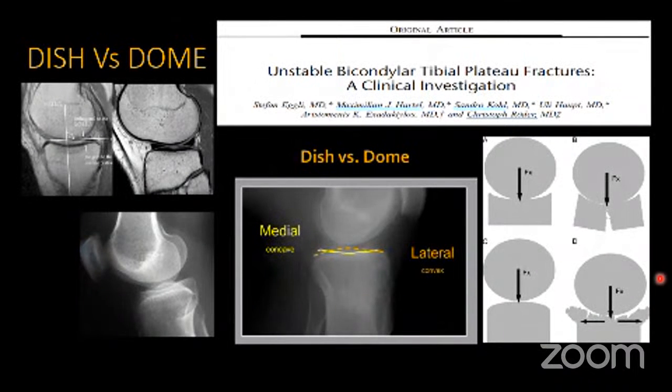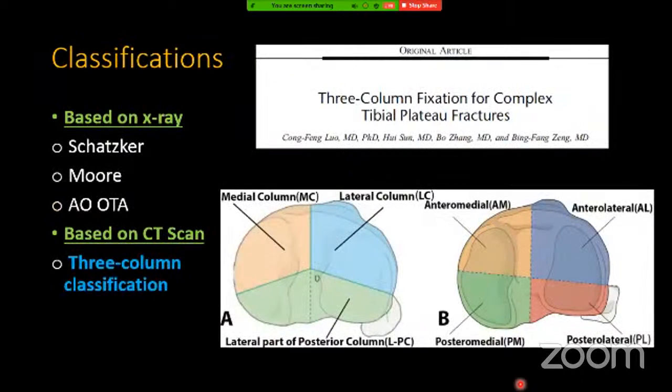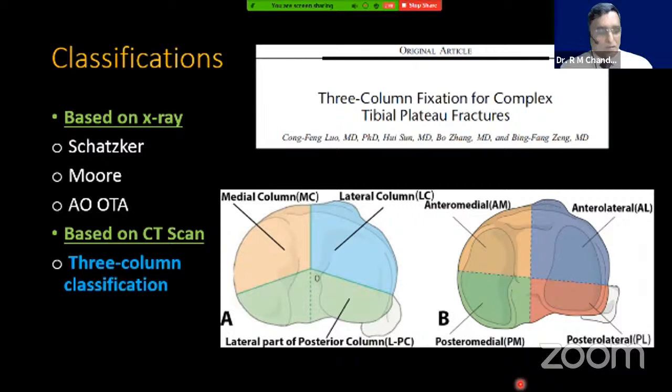This is the dish versus dome concept, which is by Egli.